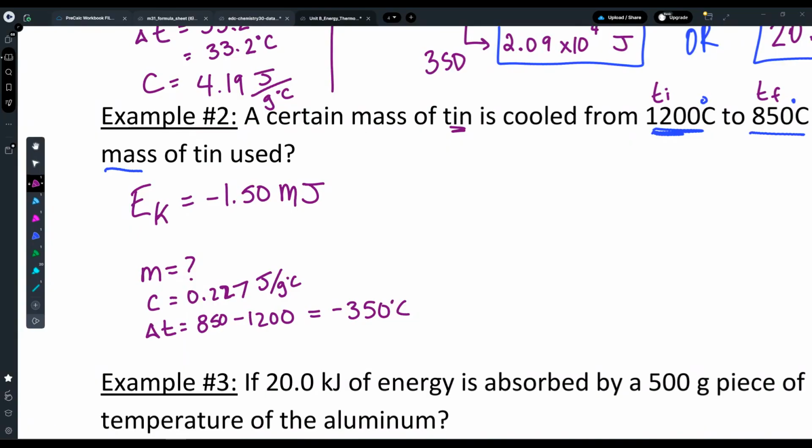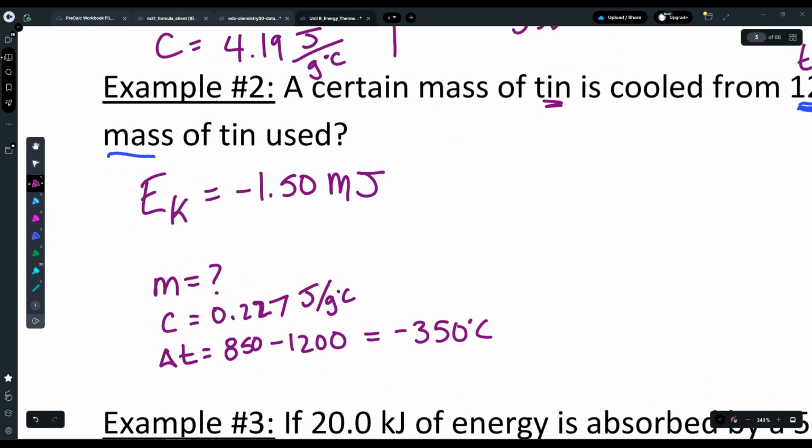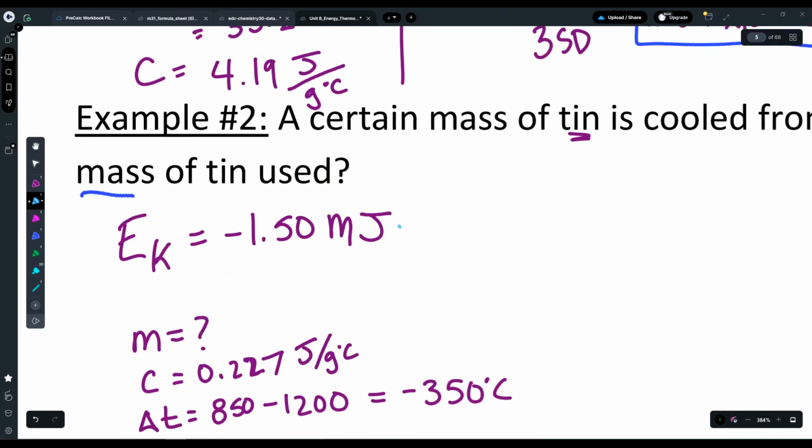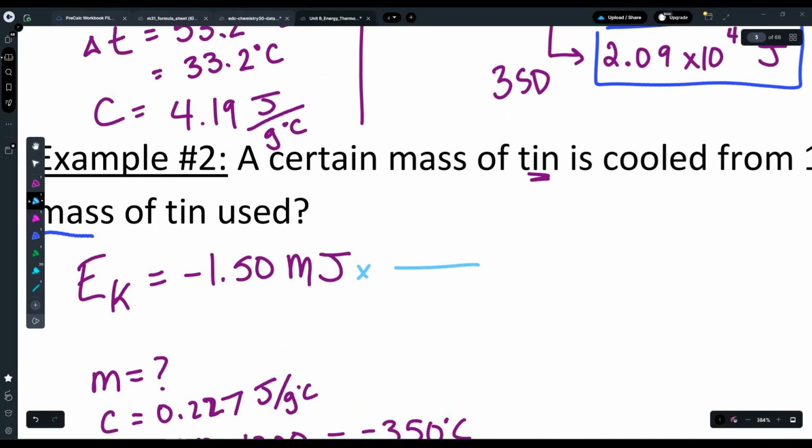Okay, so looking at our list of givens, I'm noticing that energy and this top unit from specific heat capacity are not in the same unit, so I need to do some converting. For converting megajoules into joules, we want to cancel out megajoules.